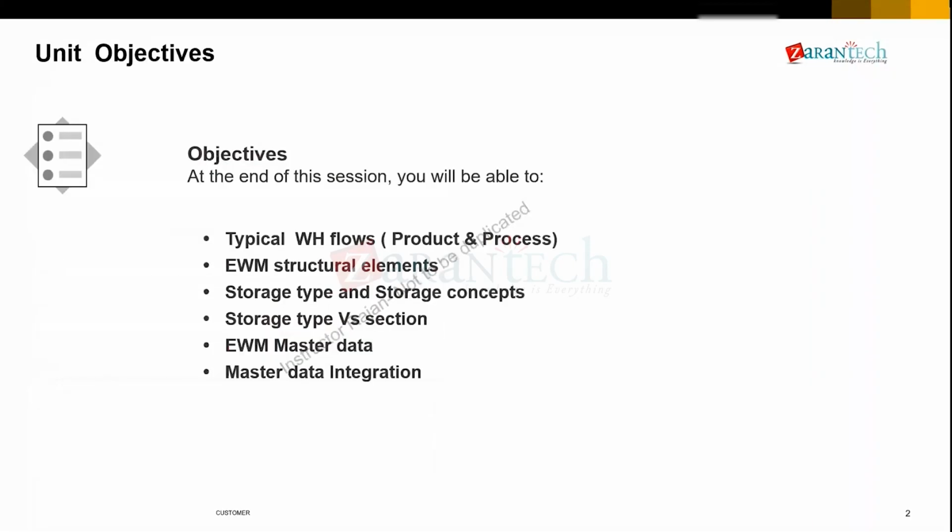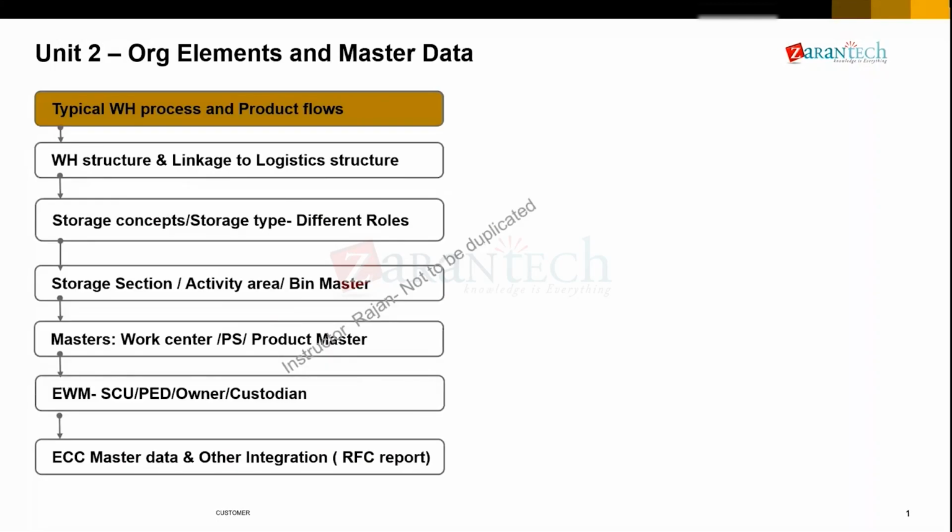So now, the agenda for today, or maybe tomorrow as well: we're going to discuss the structural element, the linkage to the logistic structure, meaning the warehouse structure linkage to the logistics execution elements like the plant and the shipping points, and then some storage concepts like pick point, ID point, different concepts in EWM. Storage section, and the activity area, which is a new term, equivalent to the pick-in area.